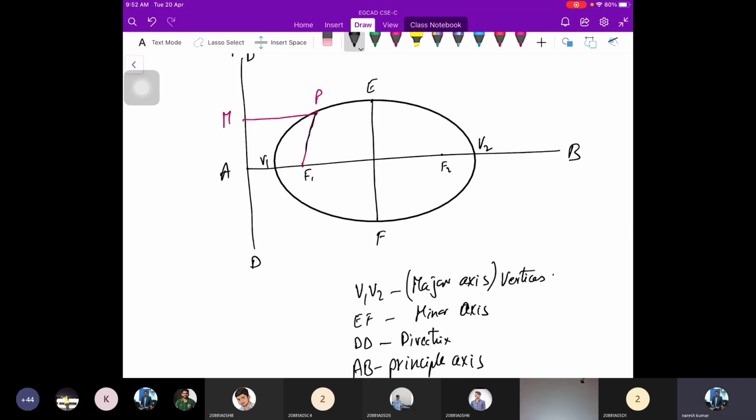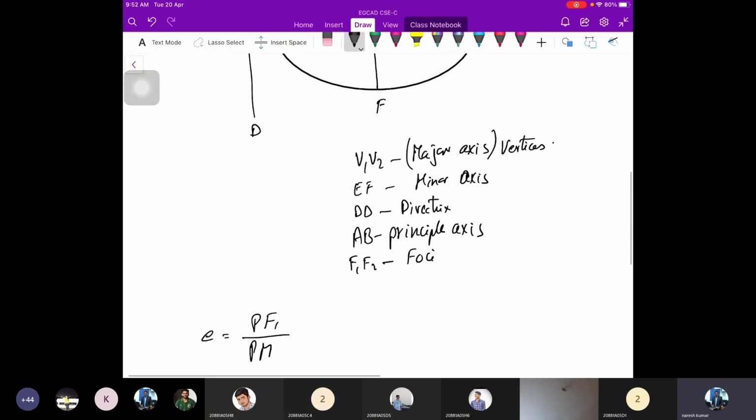This ratio should be less than 1 for an ellipse. If it is equal to 1, it is a parabola, and if it is greater than 1, it is a hyperbola. That's how we define conics using the eccentricity method.